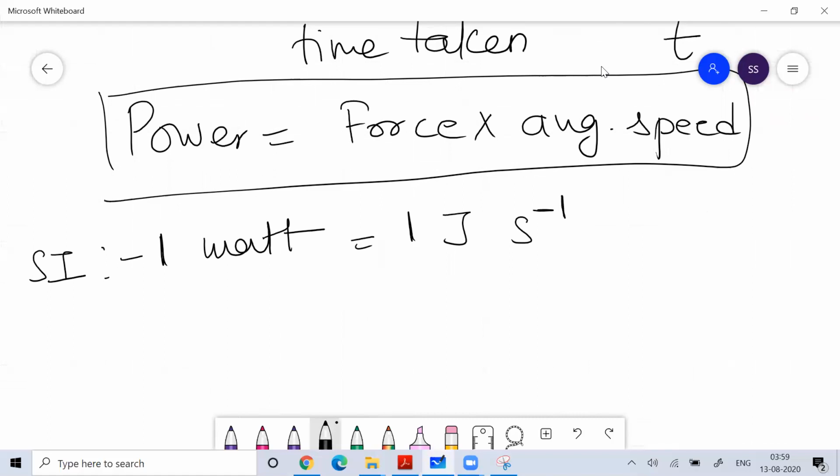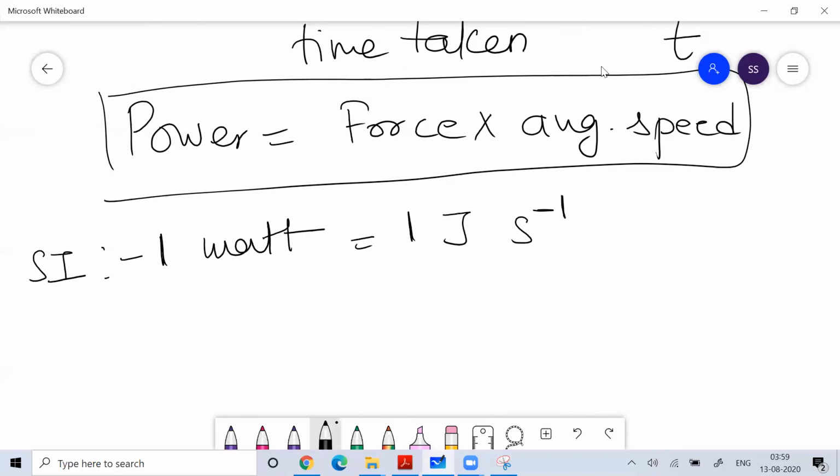That is 10 to the power 3 watt. Then you should know what is megawatt and what is gigawatt. 1 megawatt is equal to 10 to the power 6 watt, and 1 gigawatt is equal to 10 to the power 9 watt. That you can keep in your mind.